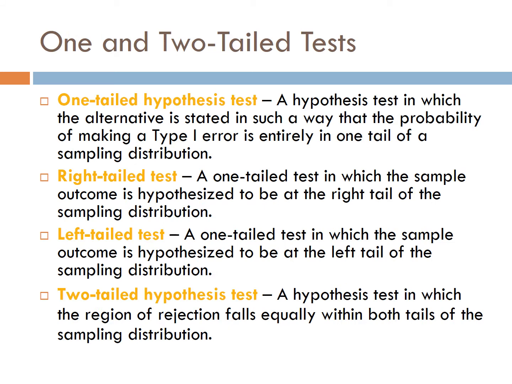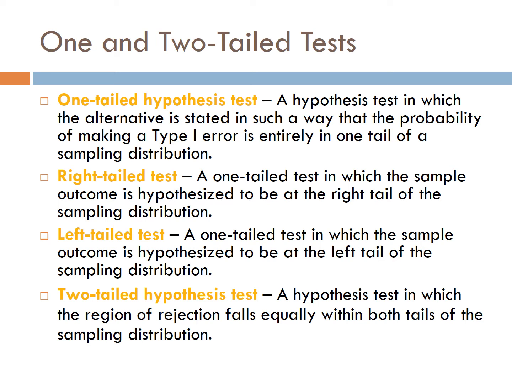So then we have 1- and 2-tailed tests. We usually do 2-tailed hypothesis testing. A 1-tailed hypothesis test is a hypothesis test in which the alternative is stated in such a way that the probability of making a type 1 error is entirely in one tail of a sampling distribution.